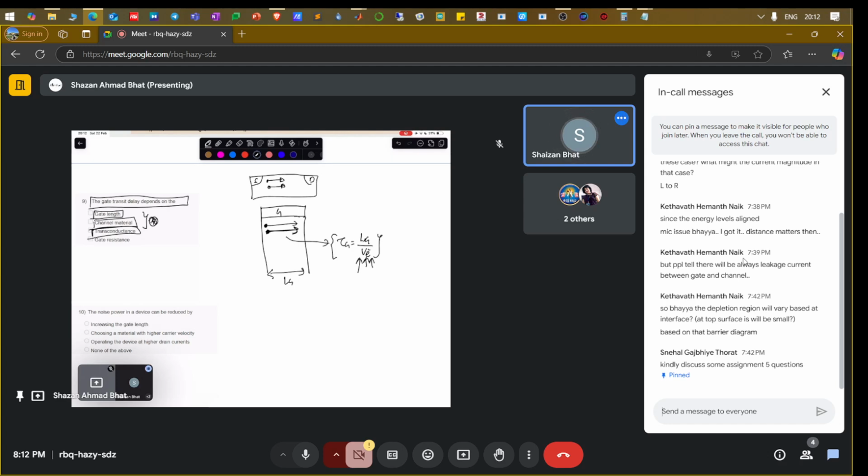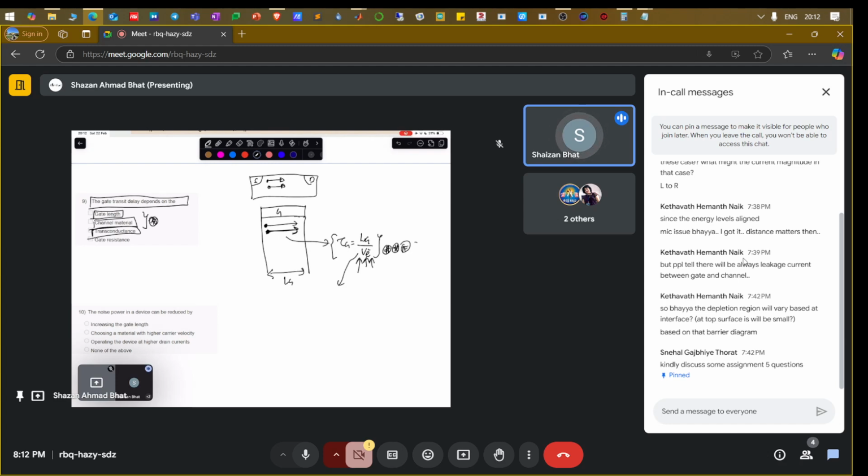Velocity depends upon scattering events, momentum relaxation events, and other things. So if you have a different channel material, highly doped or less doped, that's going to impact the velocity of the electron.